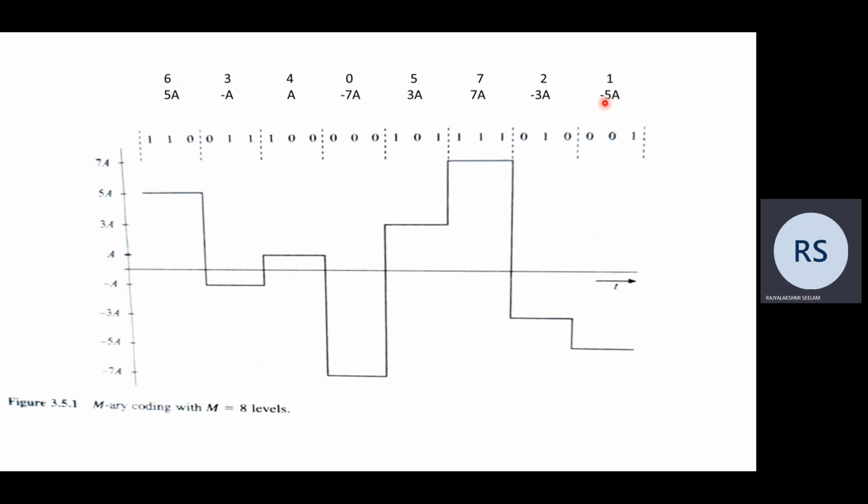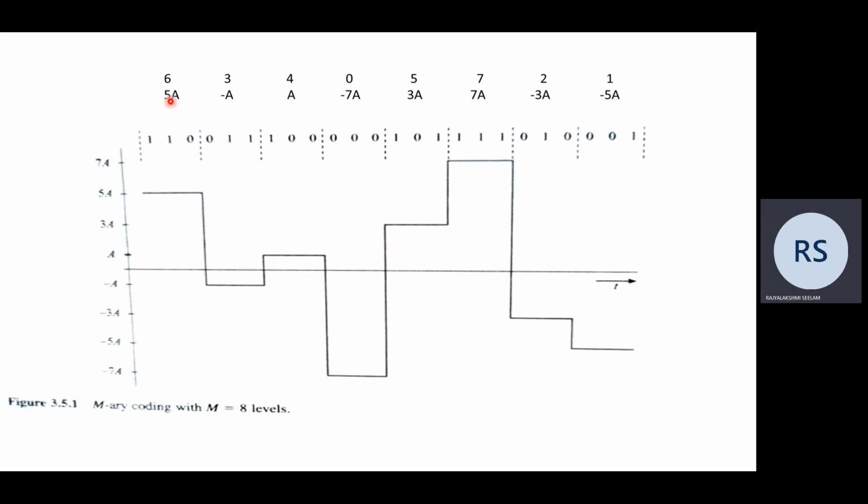So minus 7A for 0, for 1 it is minus 5A, for 2 it is minus 3A, for 3 it is minus A, for 4 it is plus A, 5 it is plus 3A, 6 it is plus 5A, 7 it is 7A. Based on this arrangement we have to draw the graph.